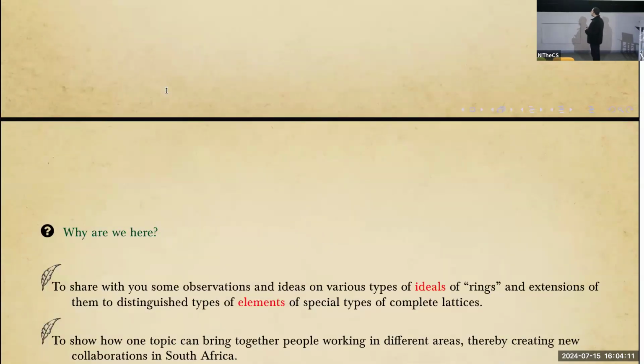The other goal is that this is part of the NITheCS program, and I have been associated with the mathematical structure project for a couple of years. One of the goals of NITheCS is to create new collaborations between different areas whenever it is naturally possible.